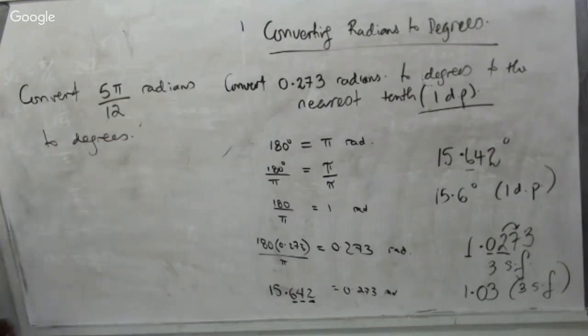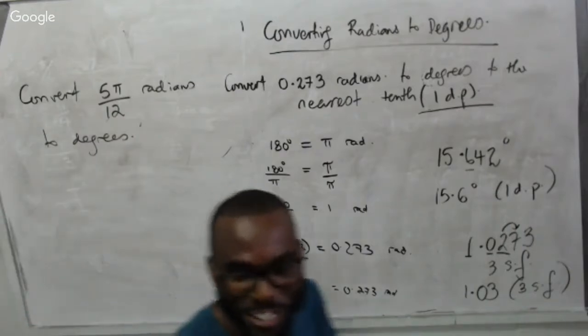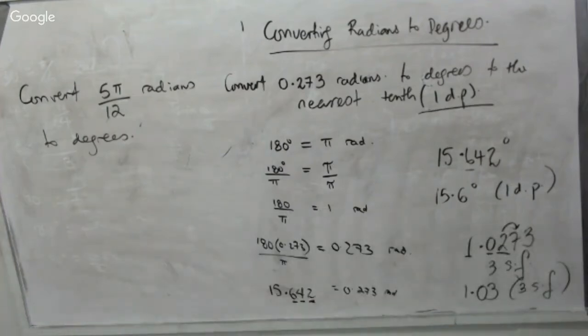Most times, once you see the pi, you know it's in radians. Fair enough? So just touching CAPE. These are all CAPE stuff, right?